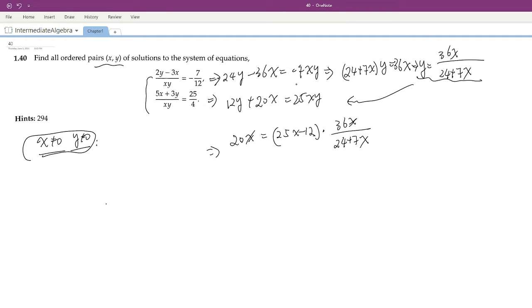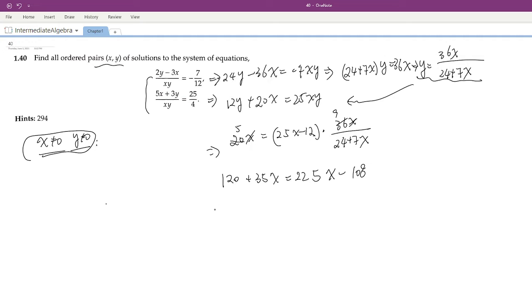Now it becomes a linear equation, right? So we can take out the 4 and 5. So the linear equation is 120 plus 35x is equal to 25x minus 108, right?